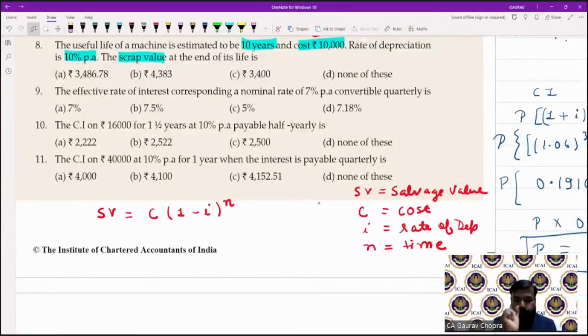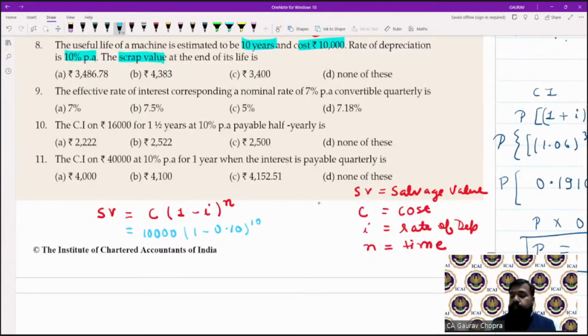So therefore, you can substitute the value now. The scrap value you have to calculate. The cost is 10,000, then 1 minus i. i is 10%, so 0.10, to the power of 10.